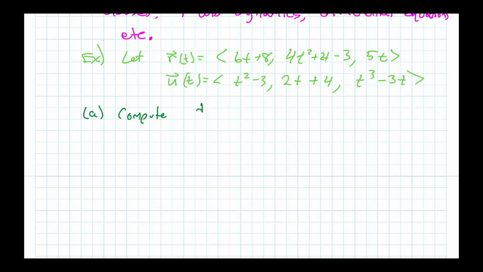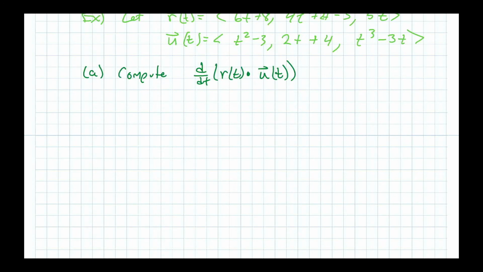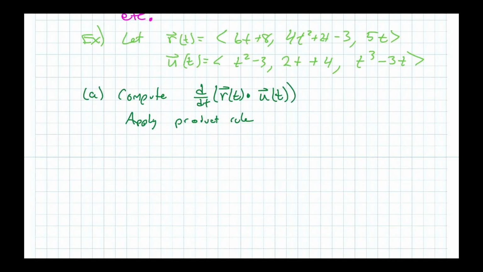We are going to do A and B. All right, so d dt of r of t dot u of t. Let's do that. See what we get. What you would do is just apply the property, apply the product rule. So don't jump to just doing this. Well, okay, you could just do the dot product first and then do the derivative. That's okay. But we could also apply the product rule first. So let's do that.